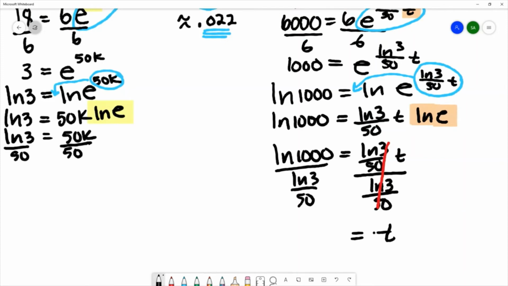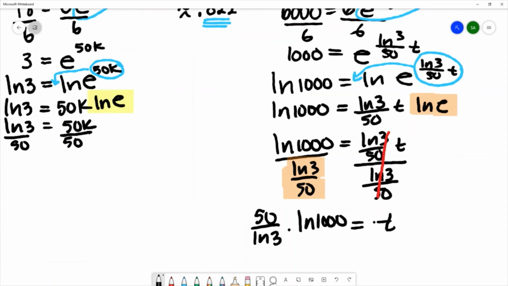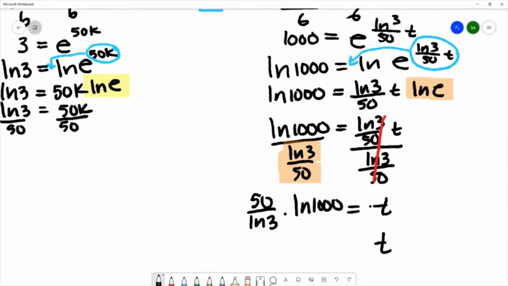And here I'm dividing by a fraction. When we divide by fractions, we can multiply by the reciprocal. So that's 50 over natural log 3 times natural log of 1,000. And I'm going to type in my calculator 50 natural log of 1,000 over natural log of 3 to see what that time is.